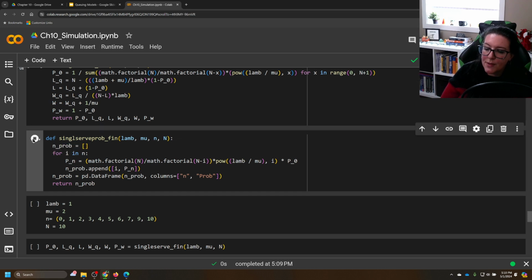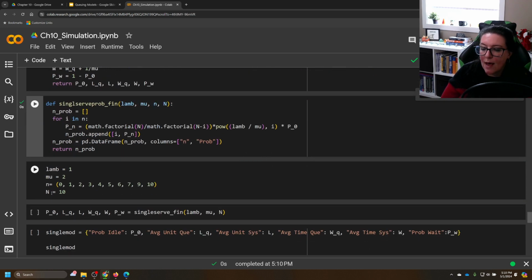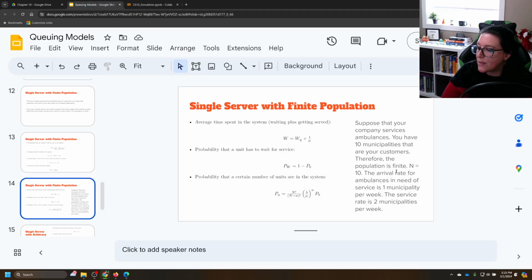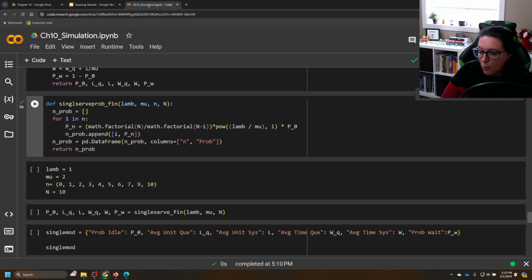So we could look at this scenario. Our scenario here is that we have 10 municipalities that we service, and lambda is going to be the arrival rate. And so in this time, our arrival rate is 1 municipality per week. So the time period now is 1 week. The service rate is 2 municipalities per week.